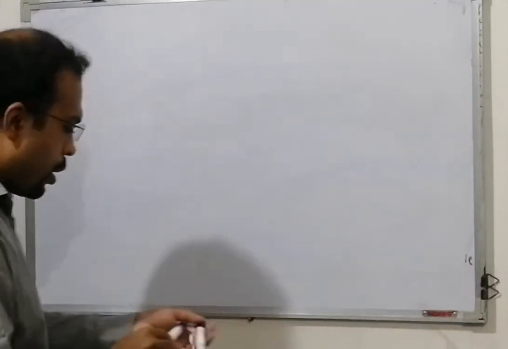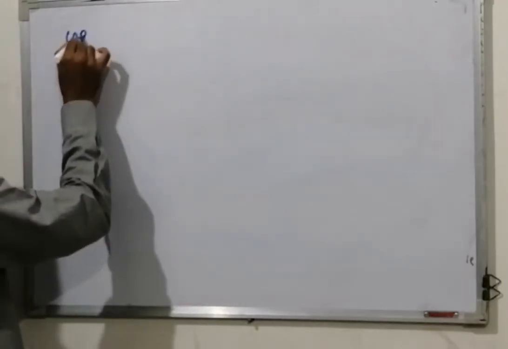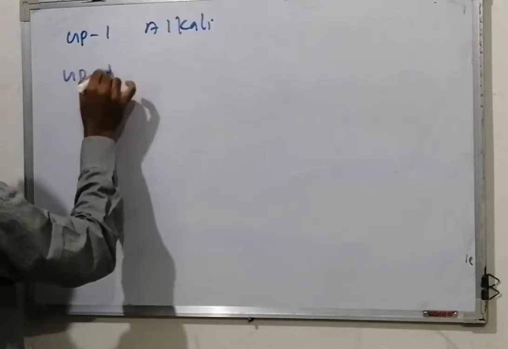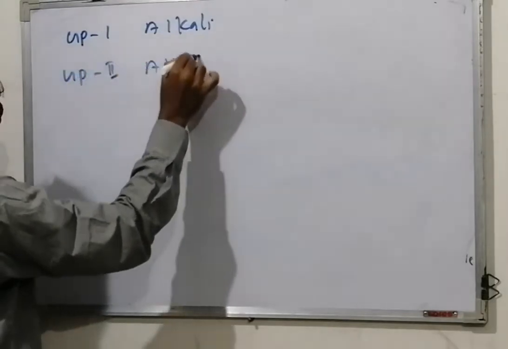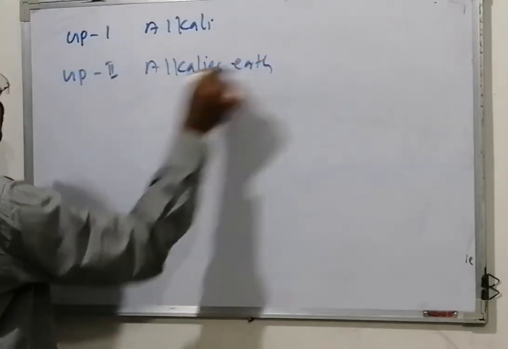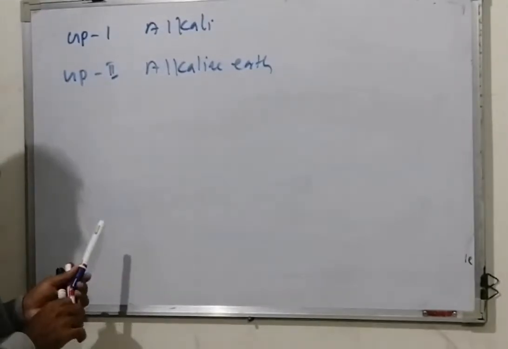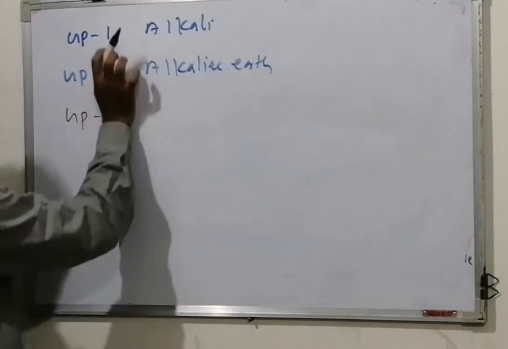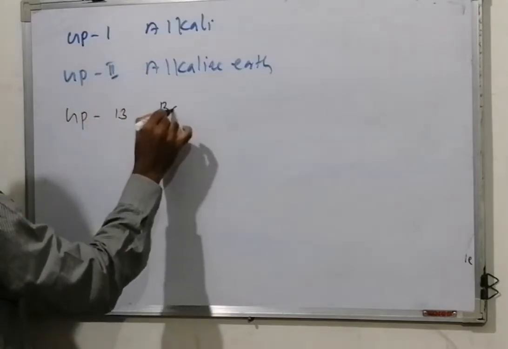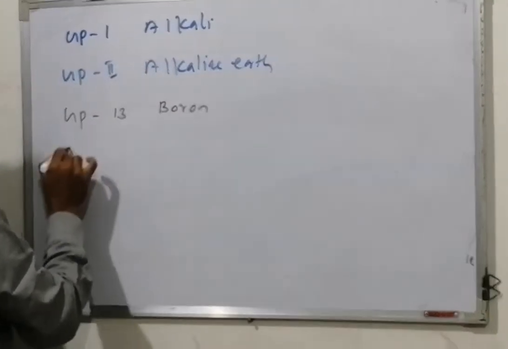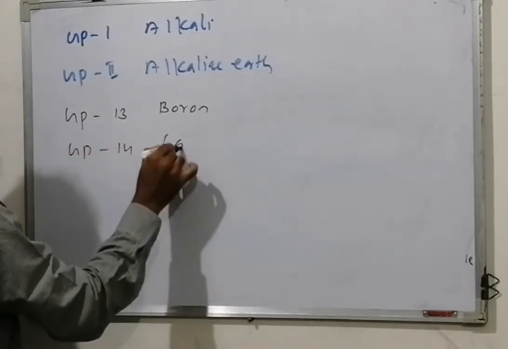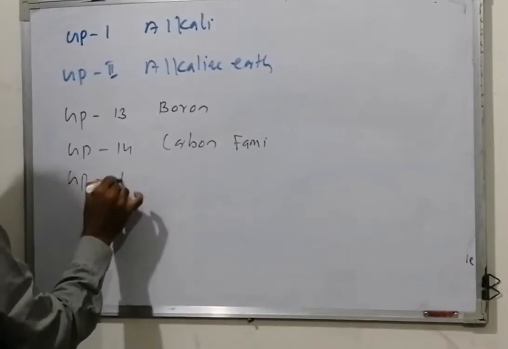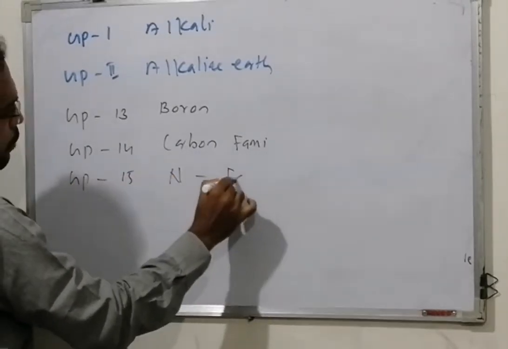We have following groups. Group 1, alkali. Group 2, alkaline earth. Now, group 13, boron family. Group 14, carbon family. Group 15, nitrogen family.